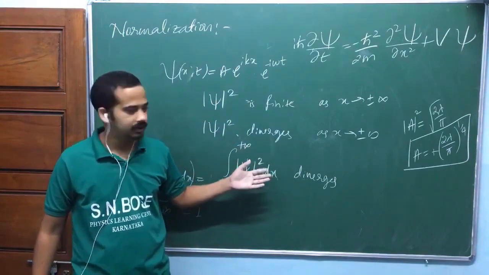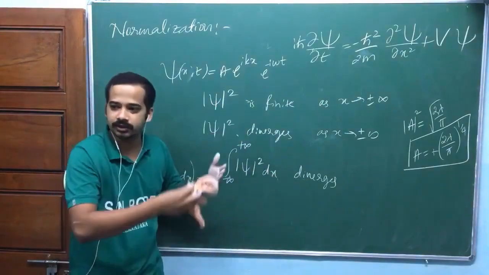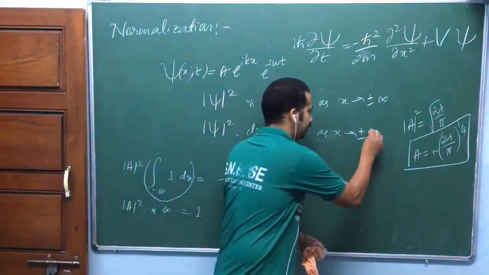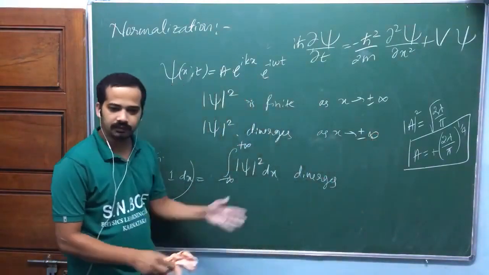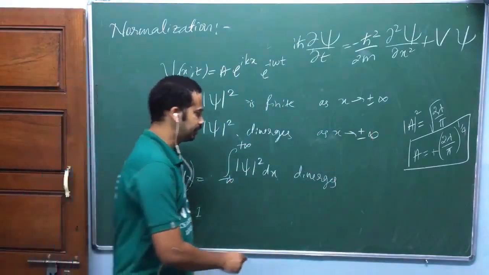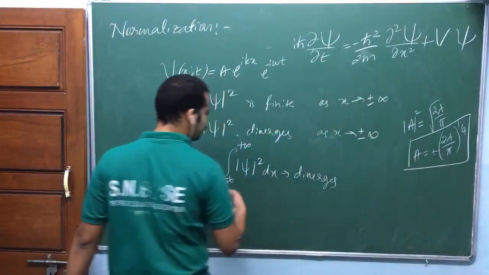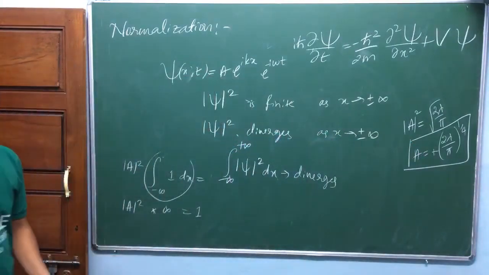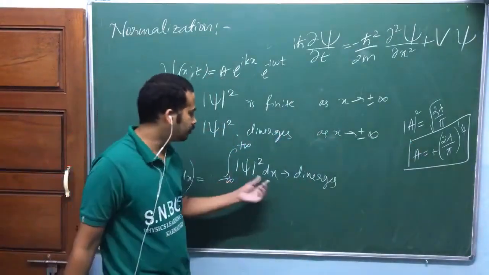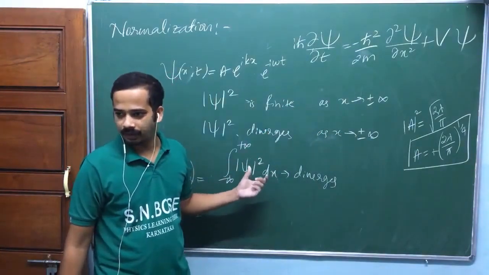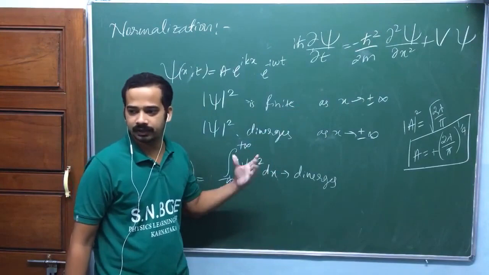If mod psi square diverges, it keeps on increasing as you move to plus infinity or minus infinity, then also definitely this integral diverges. If this integral diverges, then also we call that a non-normalizable wave function. This integral diverges only when this value is finite at infinity; this value has some value at infinity.